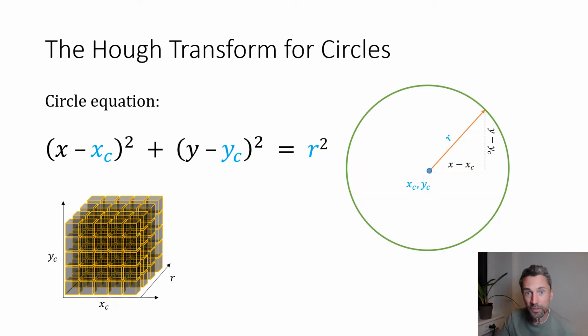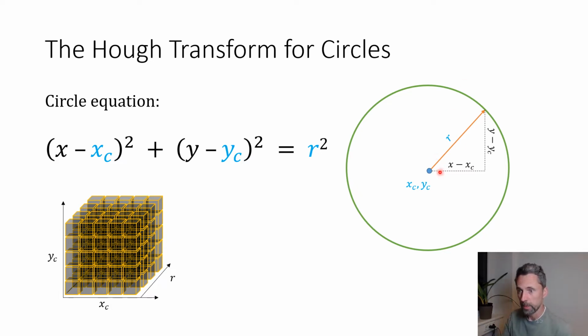And we can apply this idea to any other shape for which we have an equation, for example, to circles. So the circle equation reads like this, but for a moment, disregard the xc and the yc. The coordinates of the contour should have the same, constant distance to the origin, right?